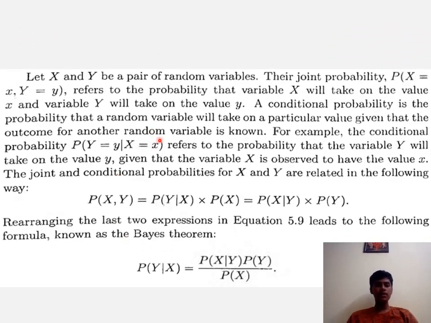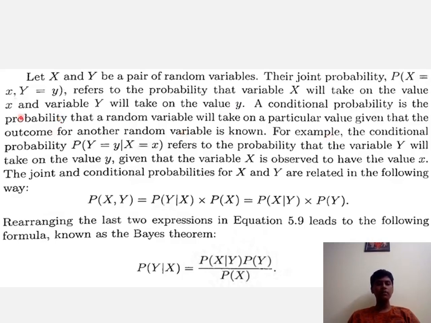Let (X, Y) be a random pair of variables. The joint probability P(X = x, Y = y) is the probability that variable X takes on the value x and variable Y takes on the value y. Conditional probability is the probability that a random variable will take on a particular value given that the outcome for another random variable is known.